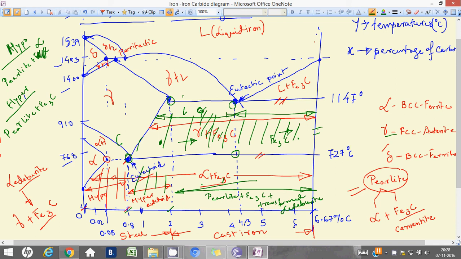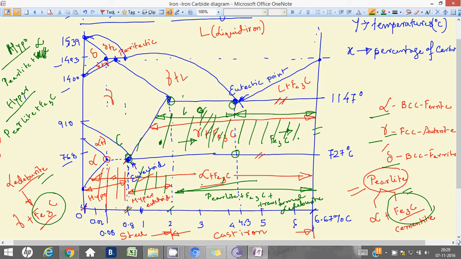We have seen what alpha iron, gamma iron and delta iron are, how pearlite is constituted and how ledeburite is constituted, and what Fe3C is in both cases. And up to what percentage of carbon it is steel and beyond which it is cast iron. In this way we can find the different compositions at different temperatures, and different phase lines in the iron carbide diagram.